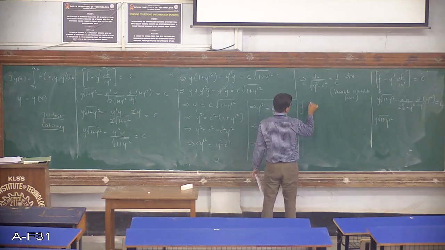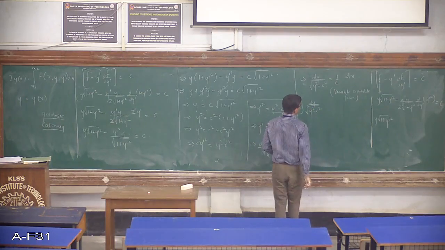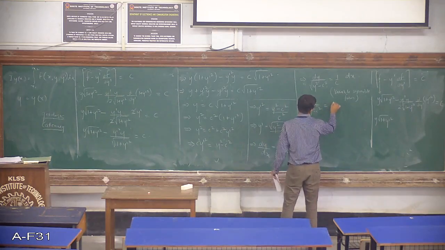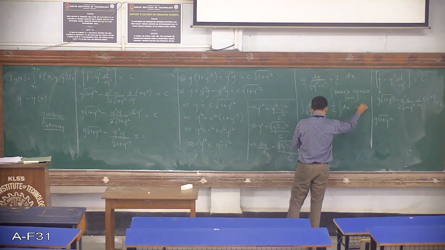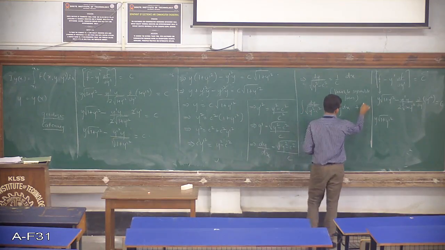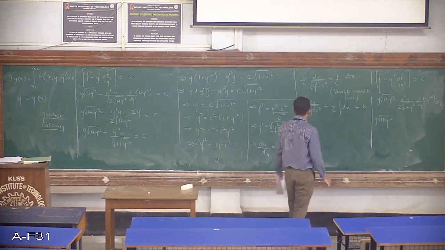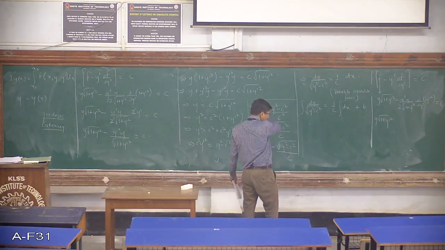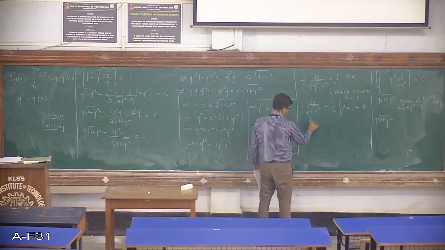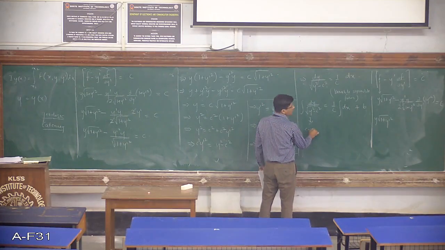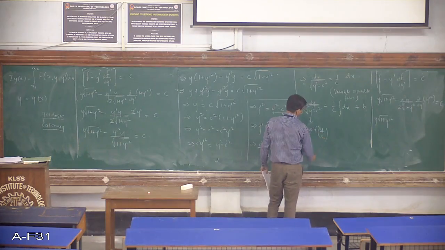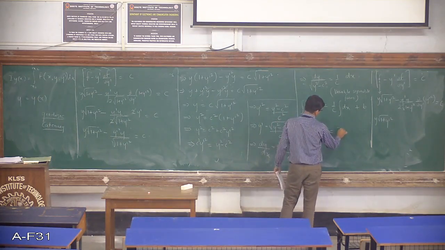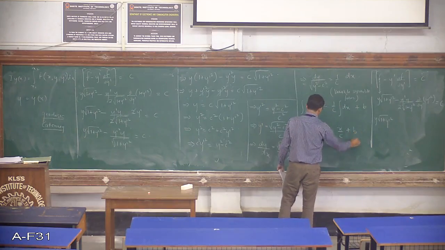So integration of dy by square root of y square minus c square is equal to 1 by c integration of dx plus b, which I have taken over here. This integration is cos hyperbolic inverse y by c, which is equal to x by c plus b.